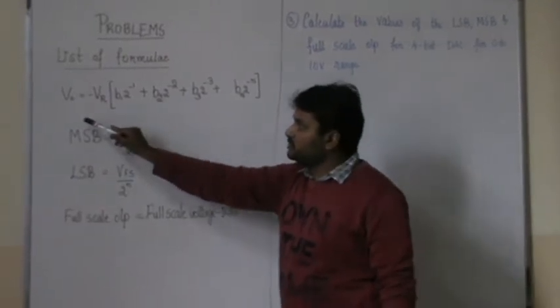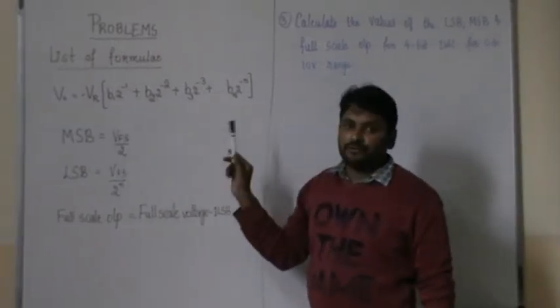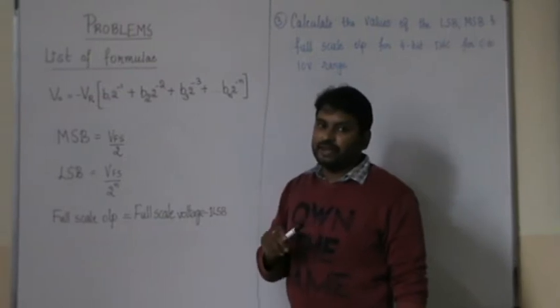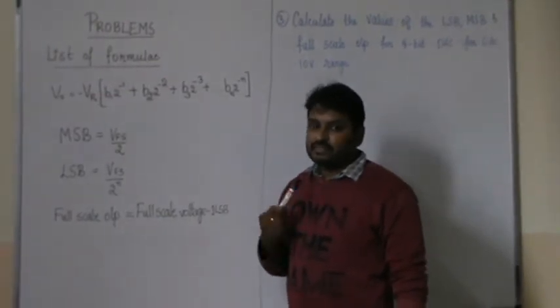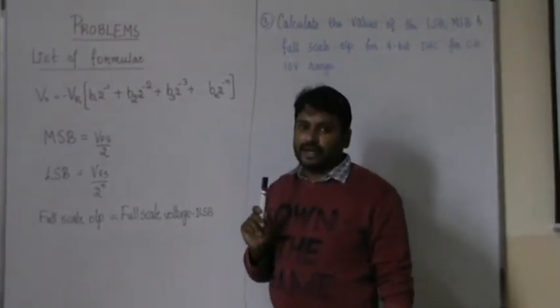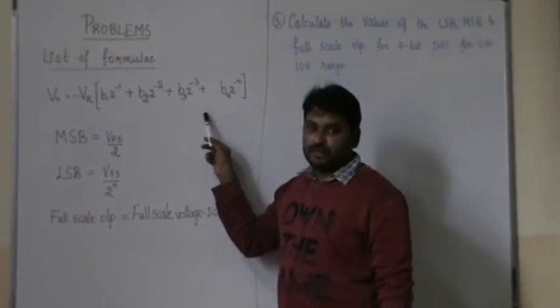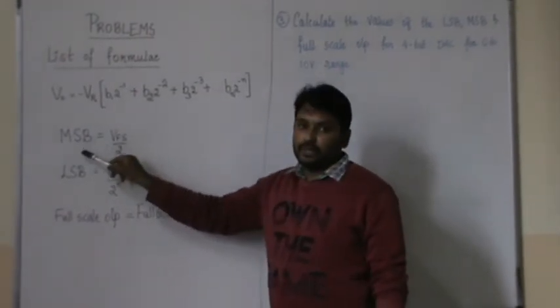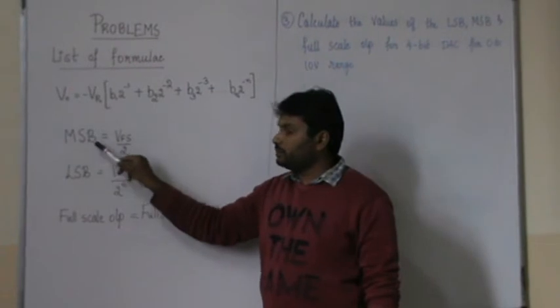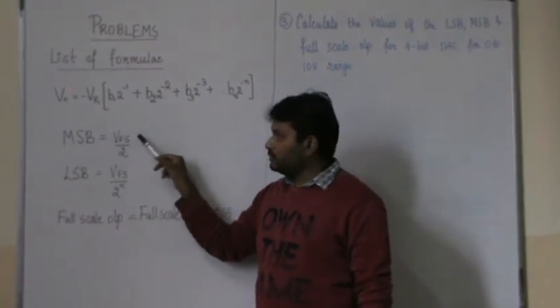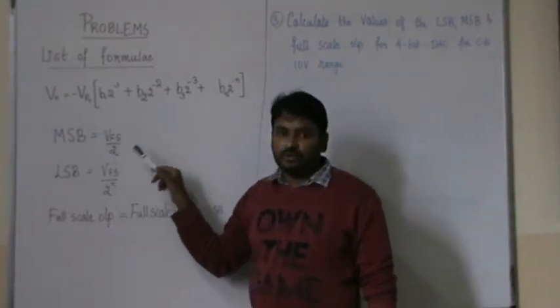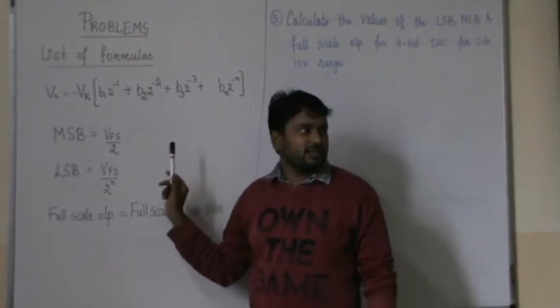So this is the formula that we have already derived for both binary weighted resistor DAC as well as R2R DAC. Next, MSB, the most significant bit, is given by full scale voltage divided by 2. Even this formula we have already discussed in the theory.